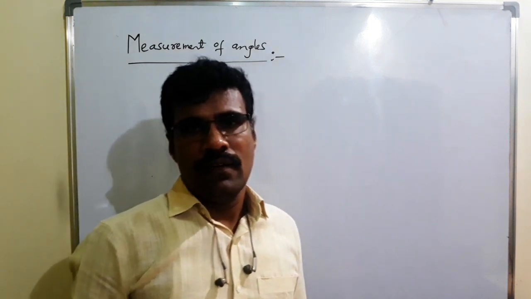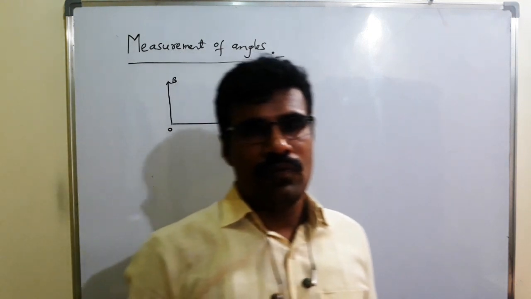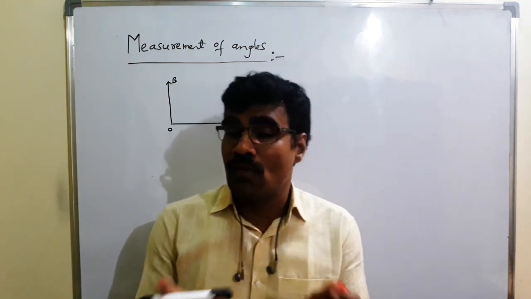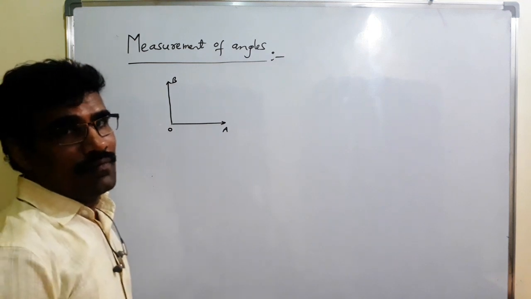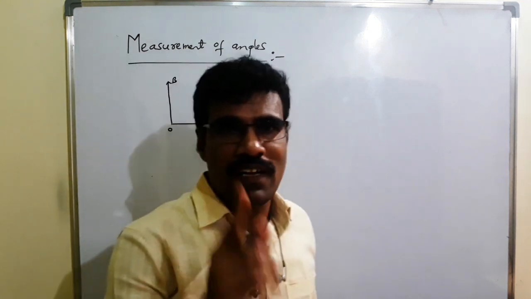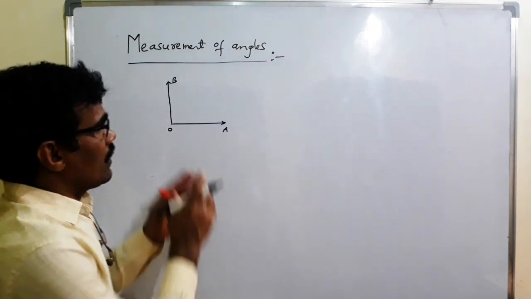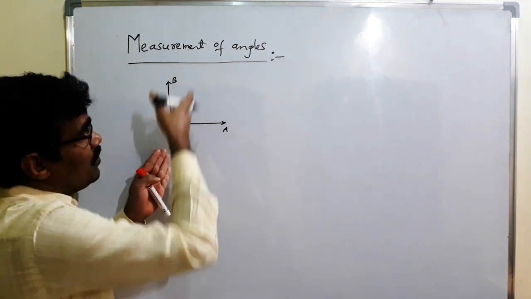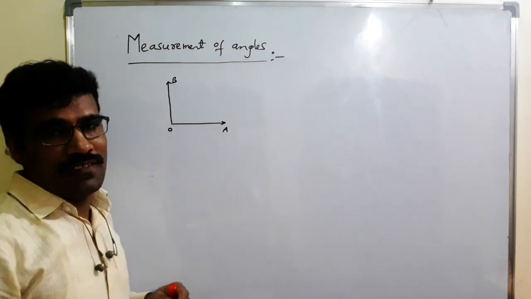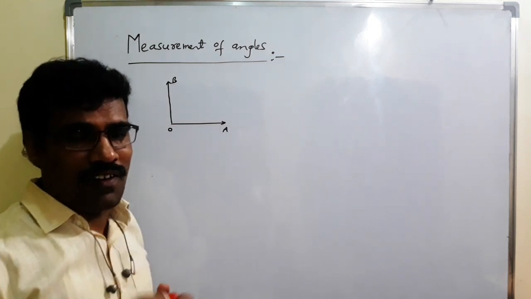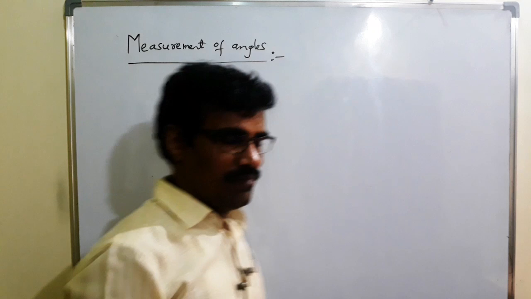Right angle is divided into 90 equal parts. Each part is known as 1 degree.